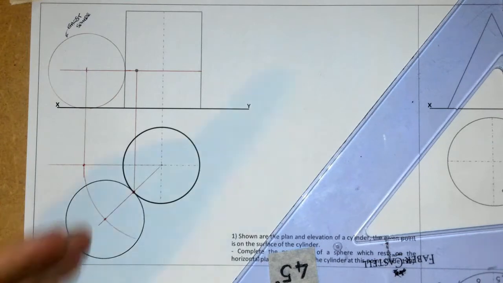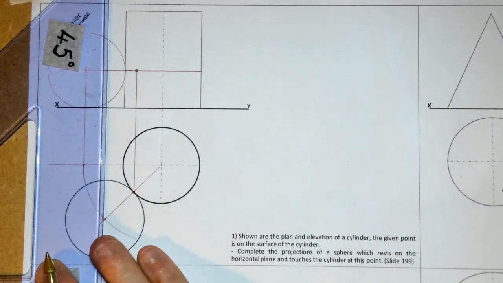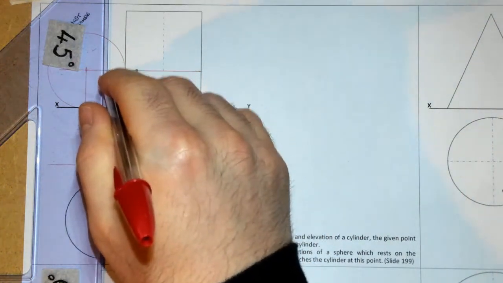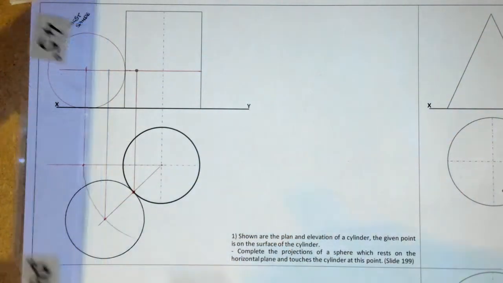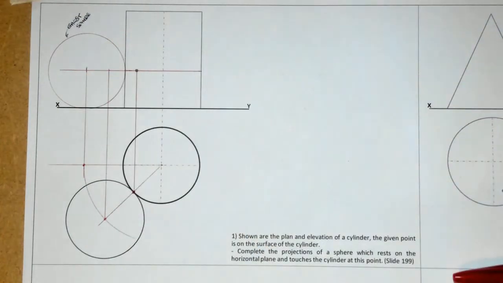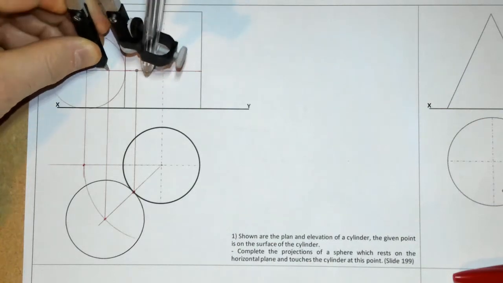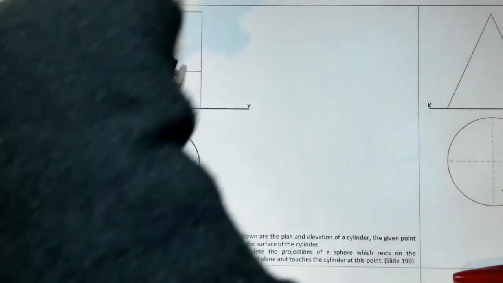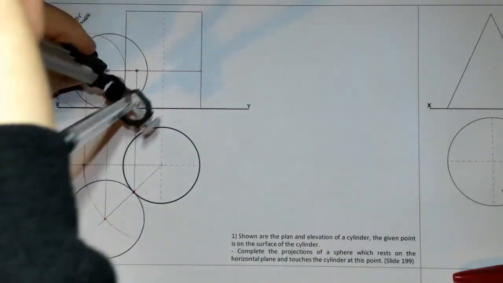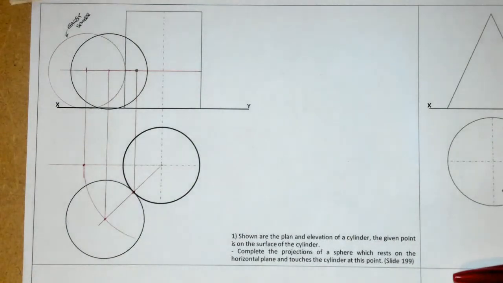And now that I have that in plan view, I can project up my center to the correct position in elevation. The center is right there. And taking the same radius, I am now going to draw in that sphere in elevation. And there we go. That is the sphere in elevation.